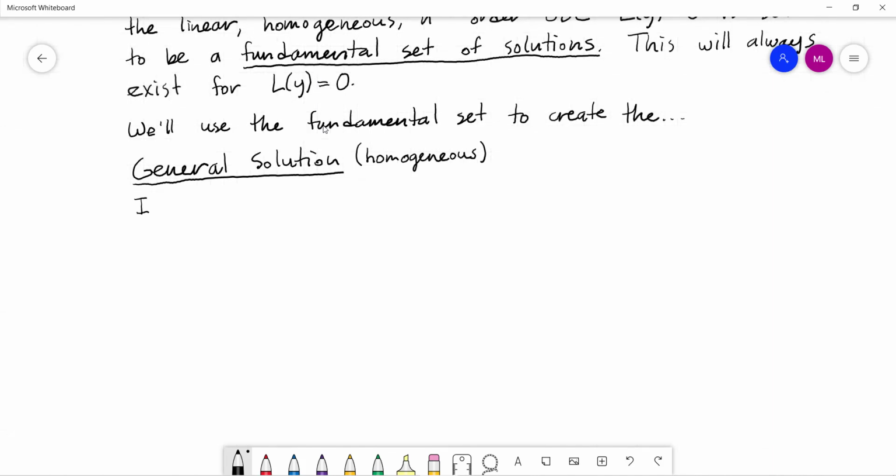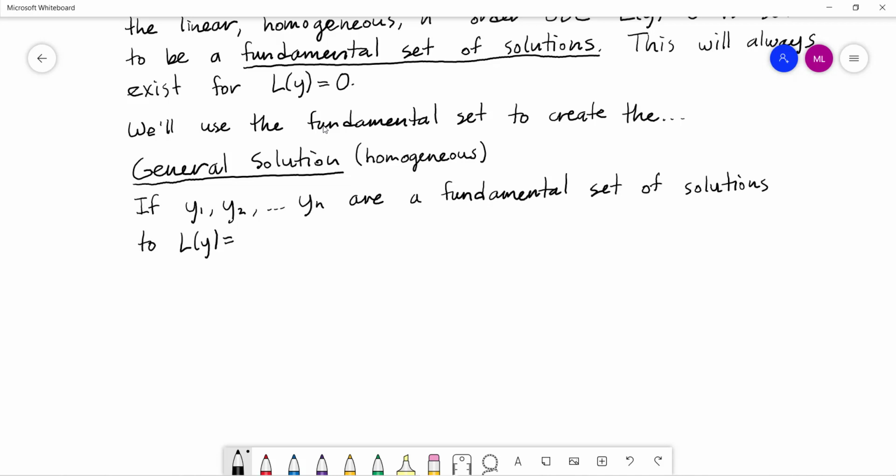Basically, if y1, y2, up to yn are a fundamental set of solutions to L of y equals 0, then the general solution is just the linear combination of all of them.